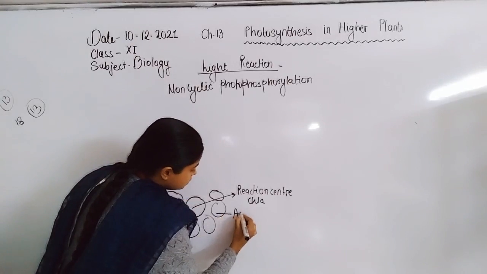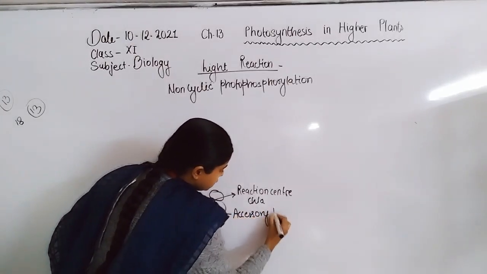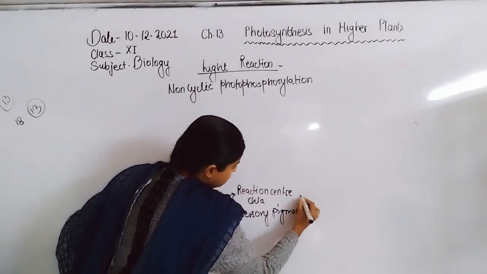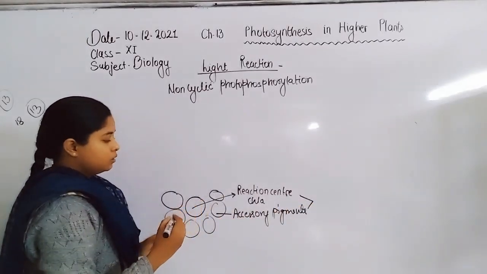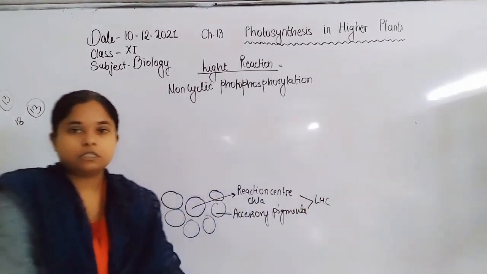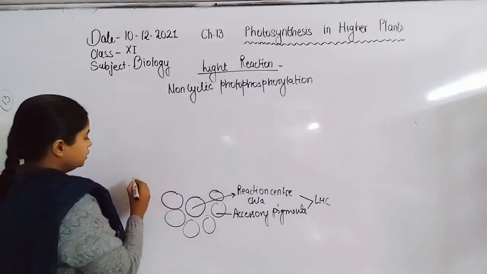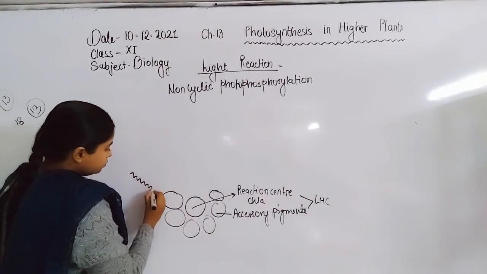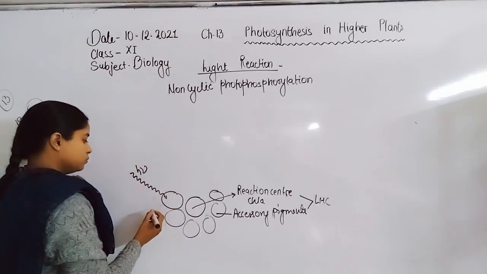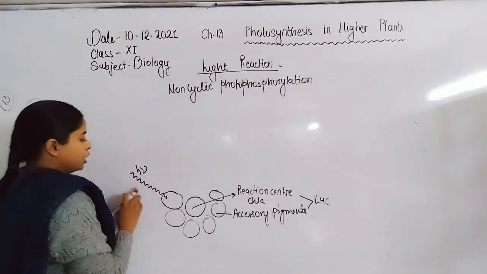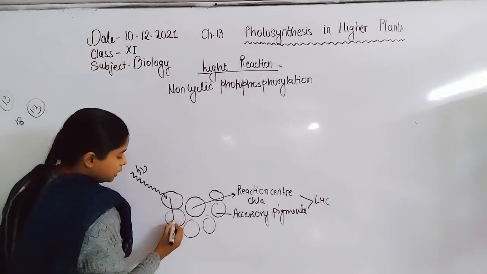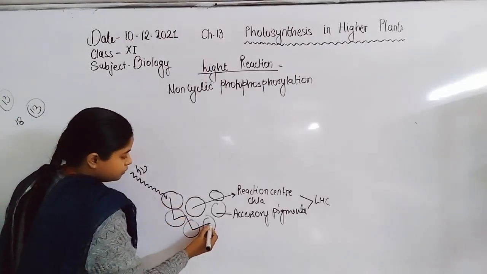Here are accessory proteins and pigments, and together these form the light harvesting complex, LHC. Whenever a photon strikes the light harvesting complex or an accessory pigment, it passes through the accessory pigments in different ways.